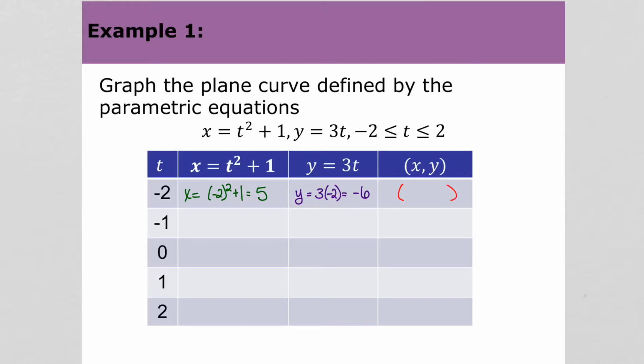So the point that we plot is where x is 5 and where y is -6. So we're going to do that along the line here. So the next one, x is -1 squared plus 1, which is 2. And y is 3 times -1, which is -3.